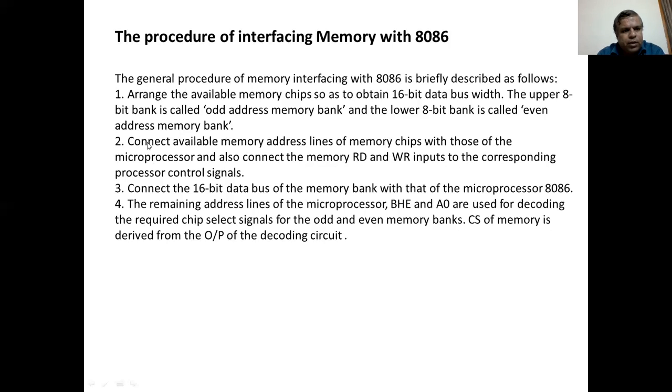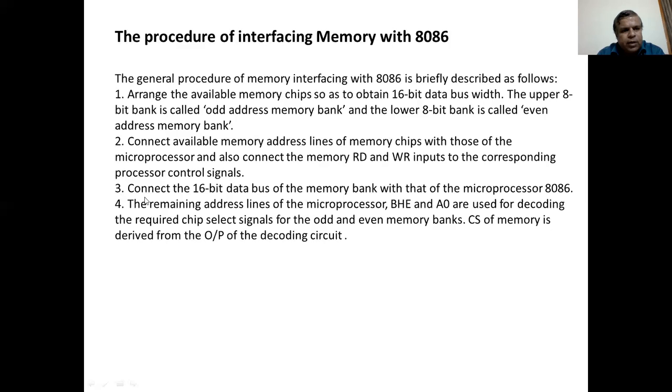Step 2, connect the available address lines of the memory chips with those of the microprocessor, and also connect the memory read bar and memory write bar inputs to the corresponding processor control signals. So the address inputs of the memory device are connected to the address lines of the 8086, and the memory read bar and memory write bar inputs of the memory device are connected to the corresponding processor control signals.